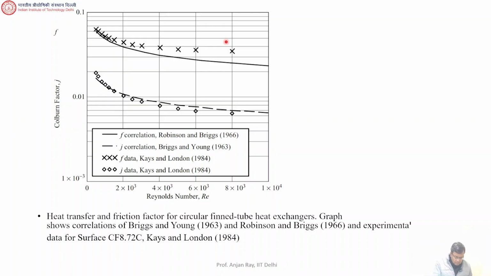Now we don't try to remember these correlations, but we should know that around this page of the book, in this chapter, these correlations are there. The other thing you can do is prepare a sheet with these correlations.